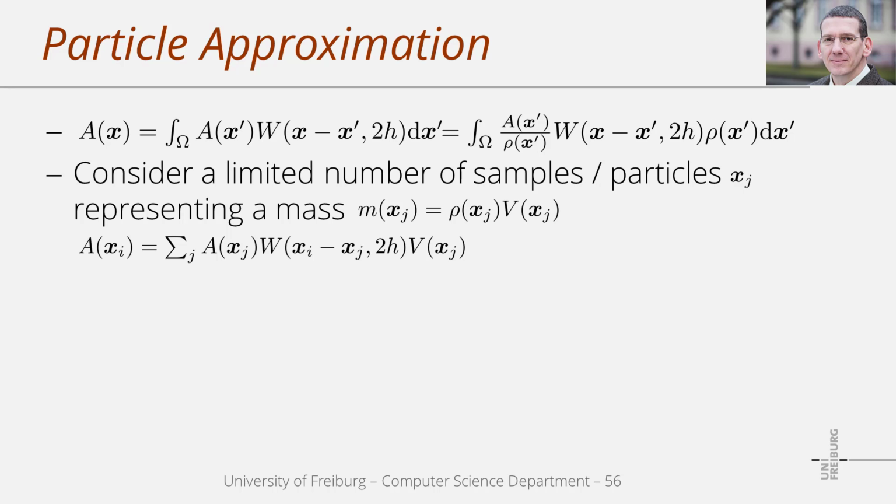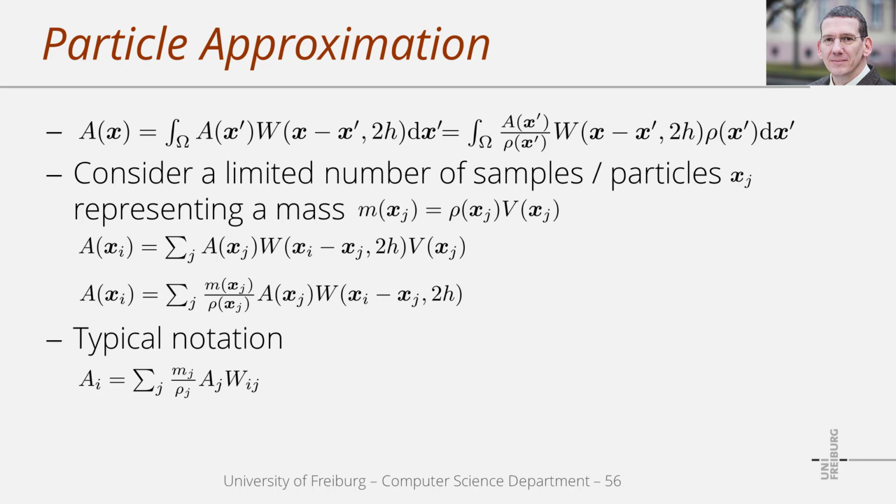As the support of the kernel function is limited to 2h, we only consider neighboring particles j within the distance of 2h to the position xi. In the context of SPH, the volume of a particle is often written as mass divided by density, as indicated here. This form corresponds to the second integral in the first line of this slide.